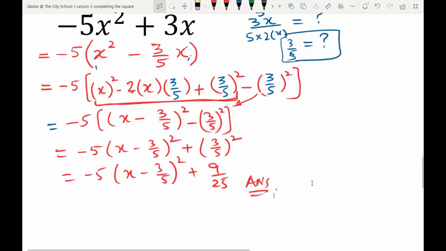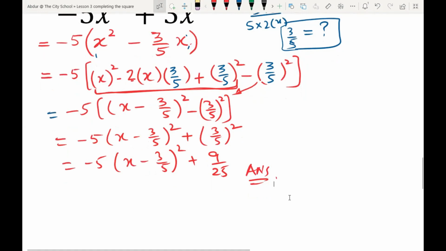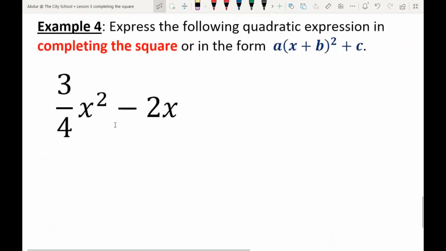Move on. Example number 4. In this example number 4, there is a quadratic expression with rational coefficient, 3 over 4 x square. First step is we have to take common, because the coefficient of x square must be positive 1.